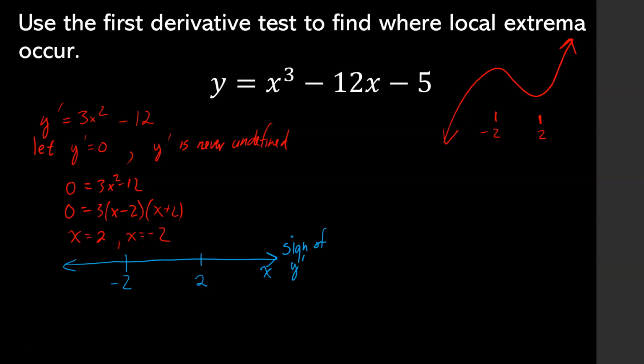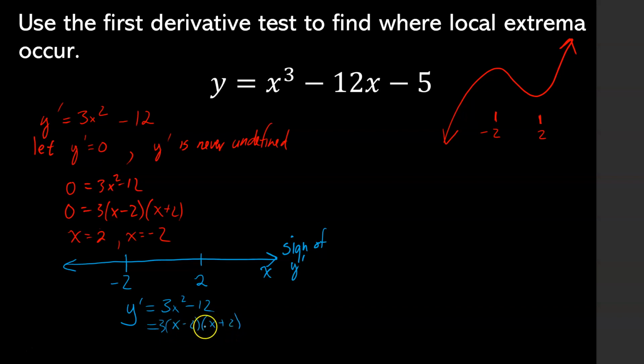So we're going to test x equals 0 first, and we're putting these numbers into y prime is equal to 3x squared minus 12. Or it's probably easier to think of the factored form, because all we're thinking about is positive and negative. So if I use 0, we don't really care about 3. 3 is always positive. 0 minus 2 is negative. 0 plus 2 is positive.